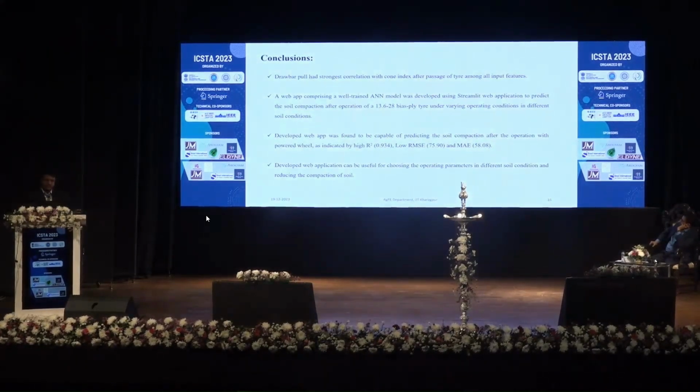Coming to the conclusion part, the drawbar pull had the highest correlation with the cone index value after passage of the tire among all the input features, such as soil condition and cone index value before passage of the tire.